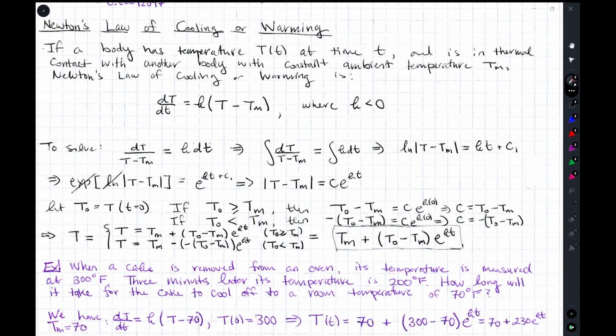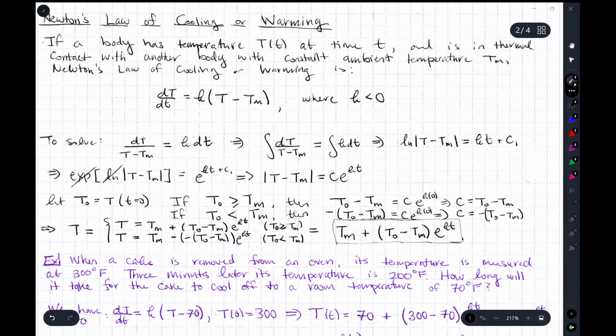And so this is the general form of the solution for Newton's law of cooling or warming when one of the parameters that you have is the initial temperature, or the temperature at t equals 0.